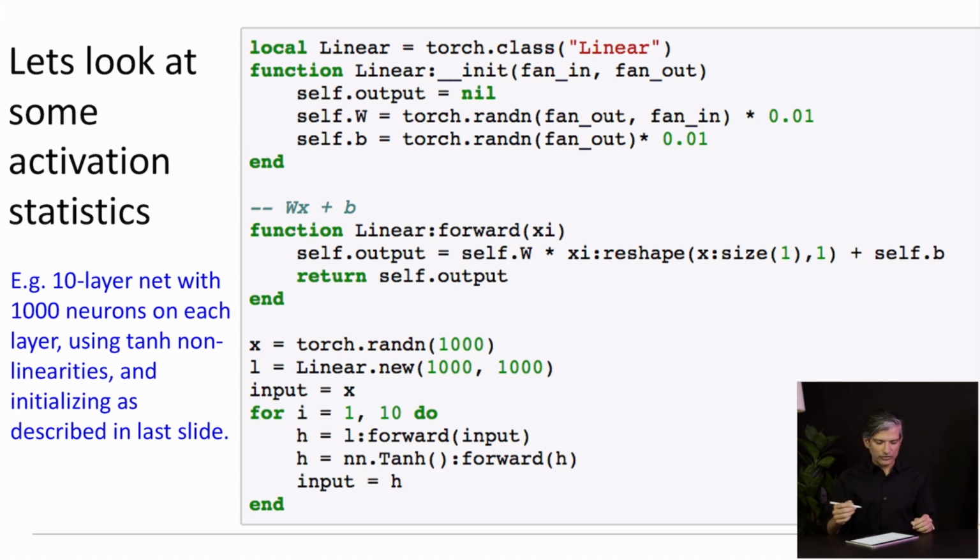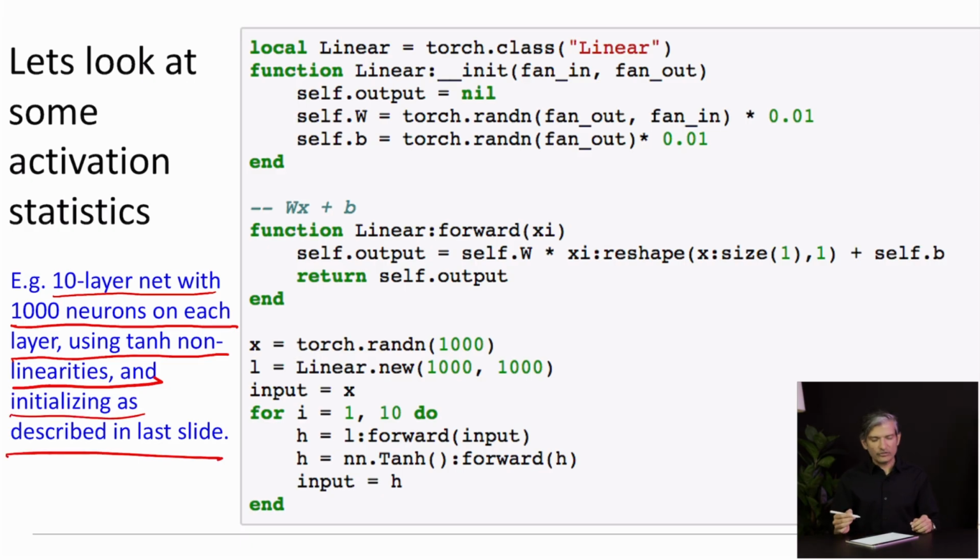Let's do this for a 10 layer neural network, each with 1000 neurons on each layer, using Tanh as the nonlinearity, and initialization as we did it in the last slide. So we will sample from this Gaussian of mean 0 and sigma 1, and then scale it by 0.01.